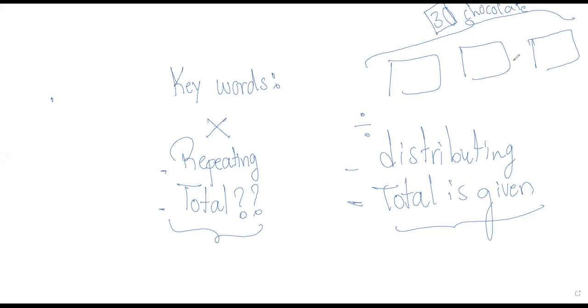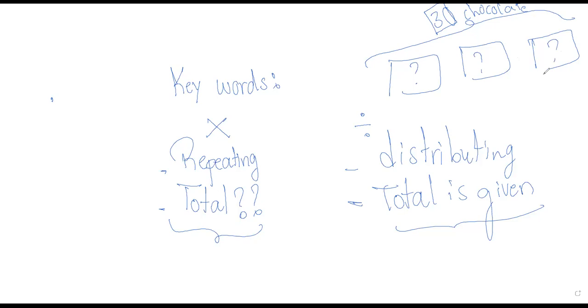In all, not in each. So do we know the total? Yes. So what shall I do? Divide or multiply? Divide. We will find how much in each box. We don't know how much in each one.